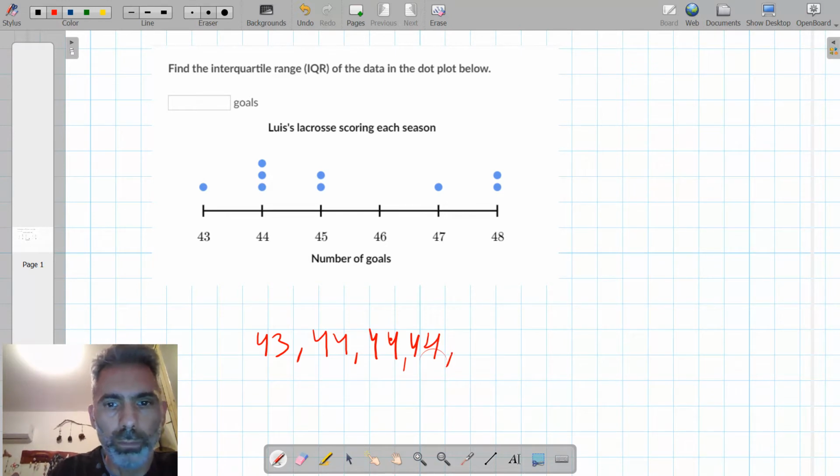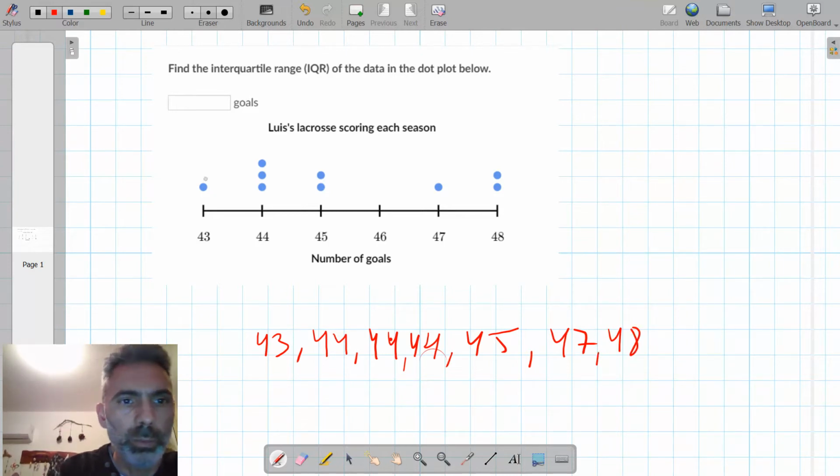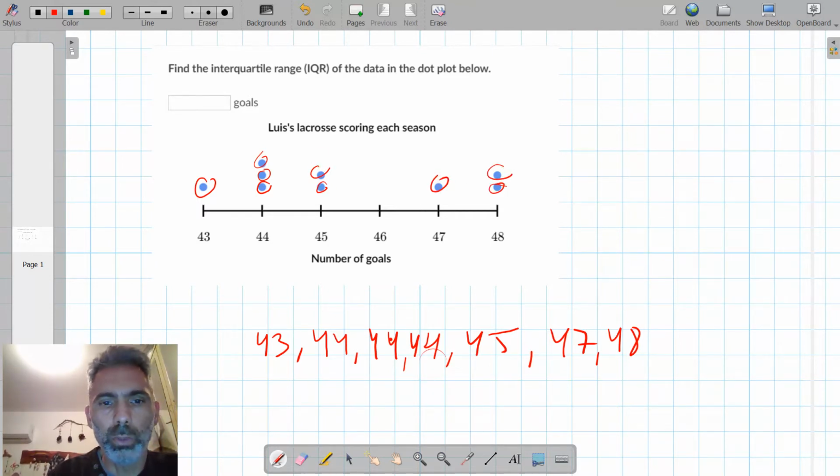One, 2, 3, 44. I have 45. I have 47, and I have 48. How many data points? 1, 2, 3, 4, 5, 6, 7, 8, 9 data points.